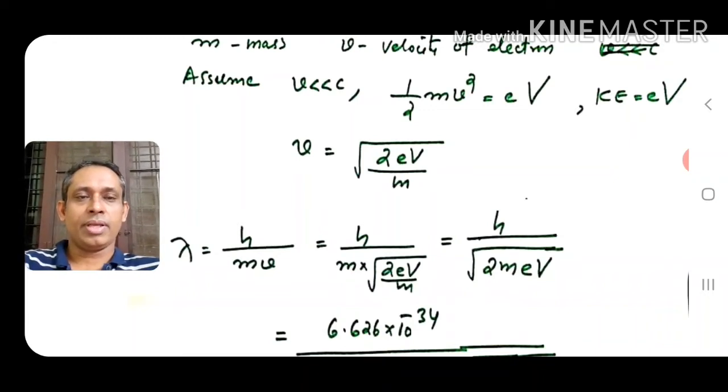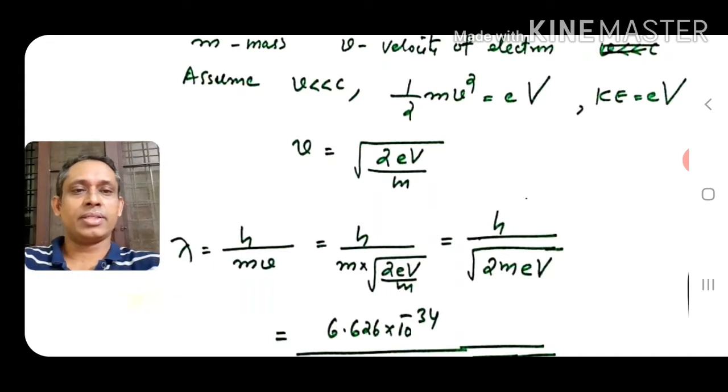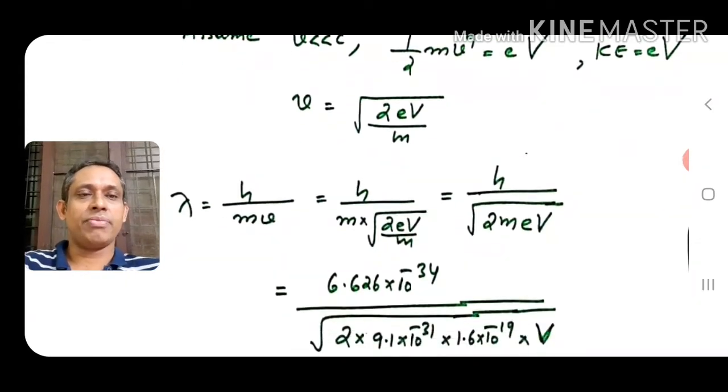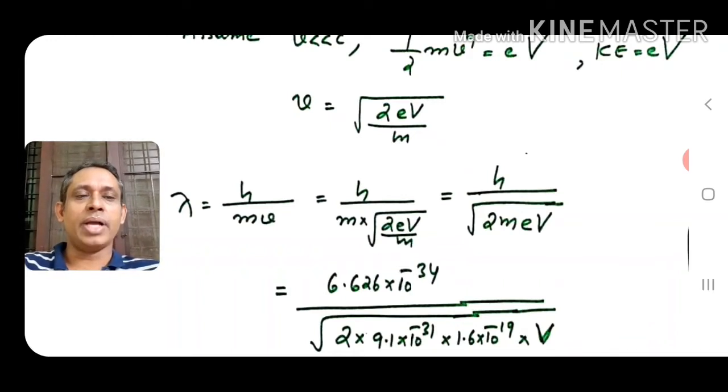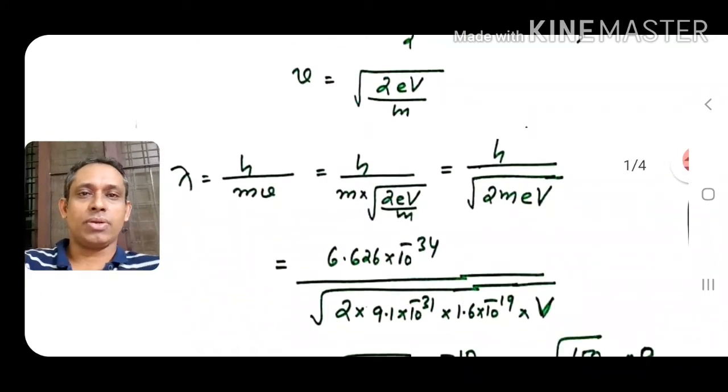Then we can calculate the wavelength. The wavelength lambda is equal to h by mv, so that is h by m times v, and for v we substitute root 2eV by m. From this we get h over root 2 m eV.